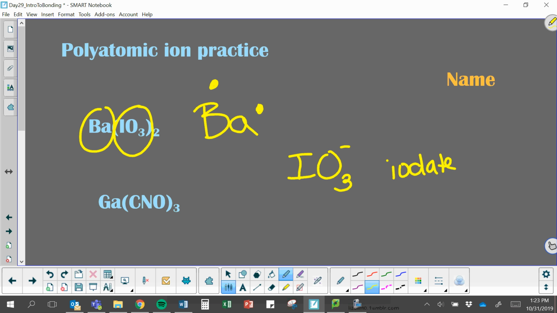Let's not do the dot structure. We'll do the swap and drop, which makes more sense with these. You can draw the whole thing out, it's just more complicated.